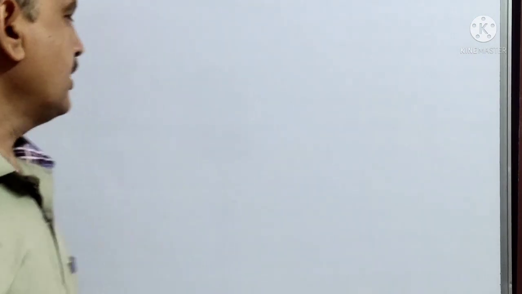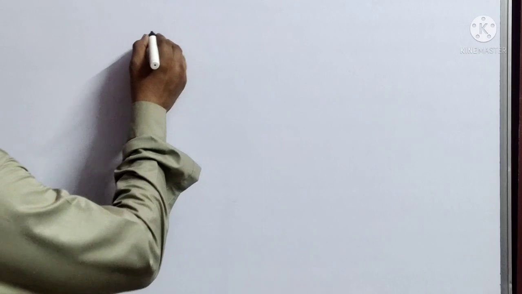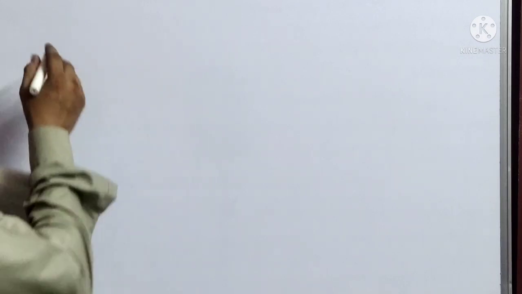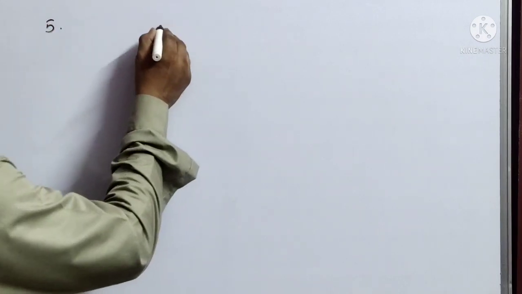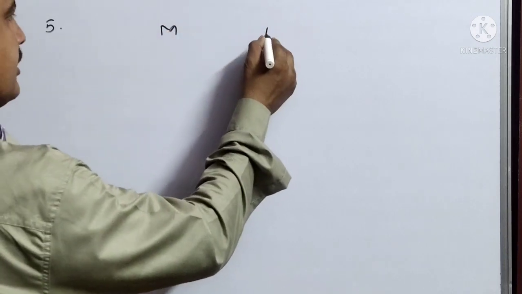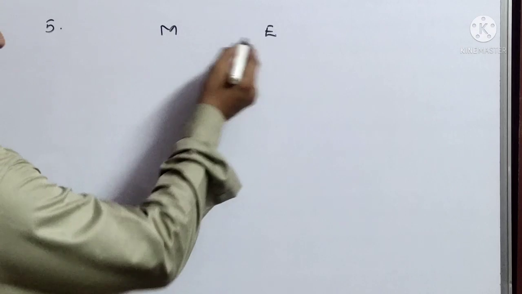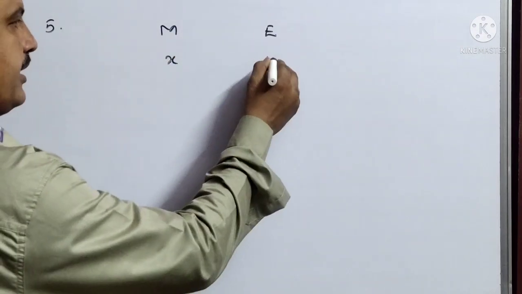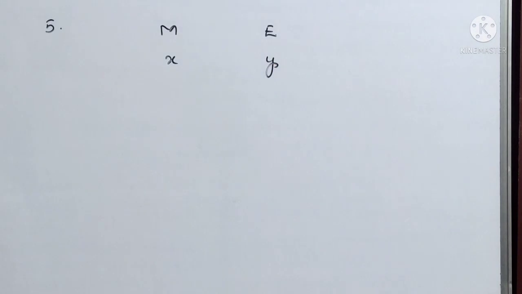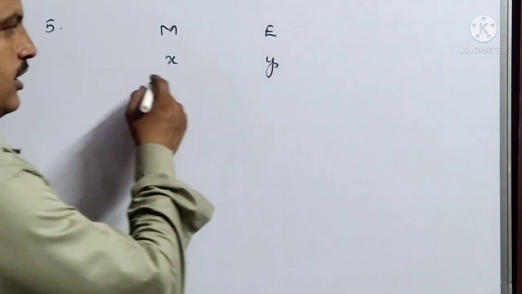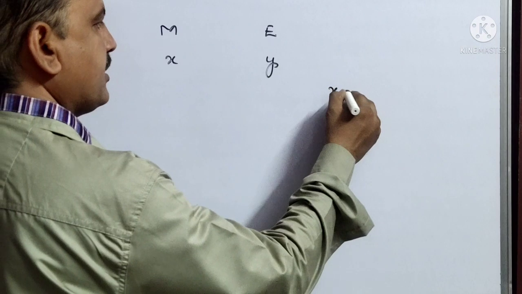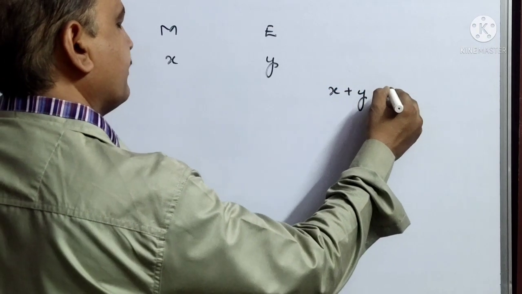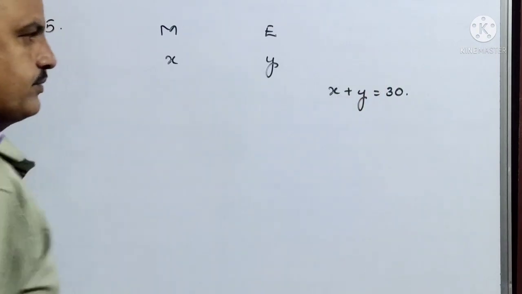Okay. Actually, what are the 2 subjects there? The sum number is 5th. So maths and English. There are 2 different subjects, so take maths as x and English as y. Their total, that means maths plus English, that means x plus y equals 30 marks they have given.